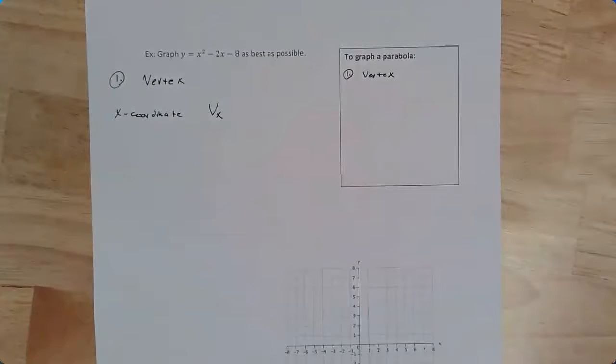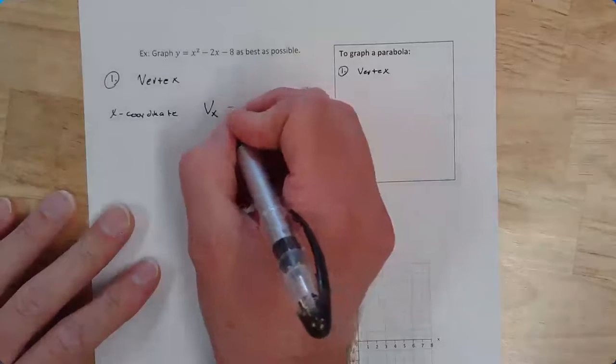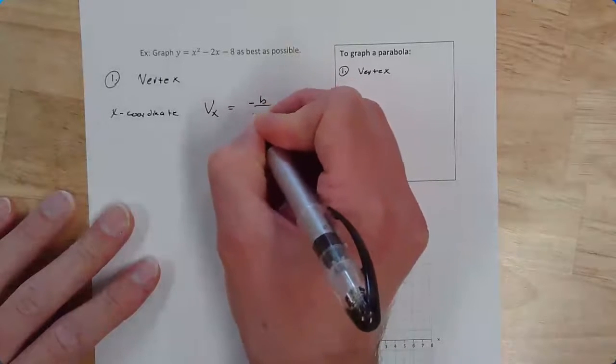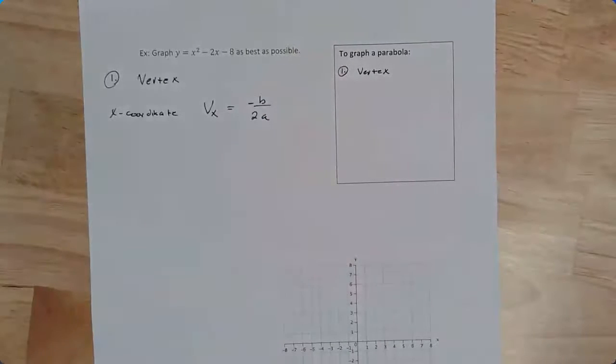And one way of finding the vertex of the parabola is by utilizing the tried and true formula, which we won't get into where it's coming from exactly yet. Negative b over 2a. When I say negative b over 2a, what do I mean? What's a in this parabola? And what's b? Negative 2. We do need to make sure we catch those negative signs, right?